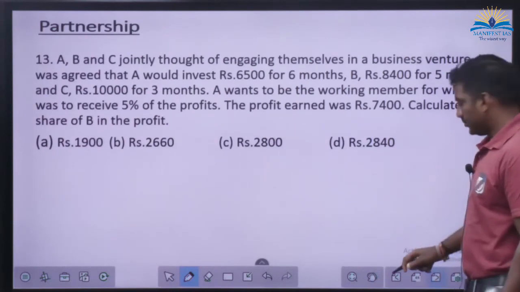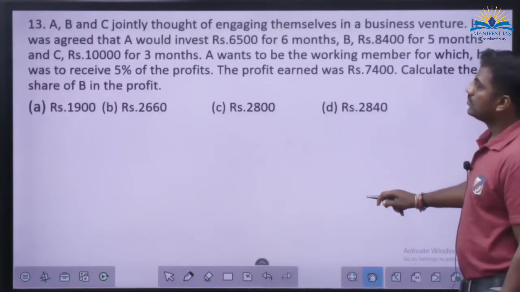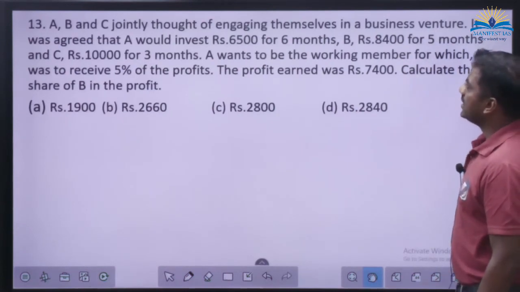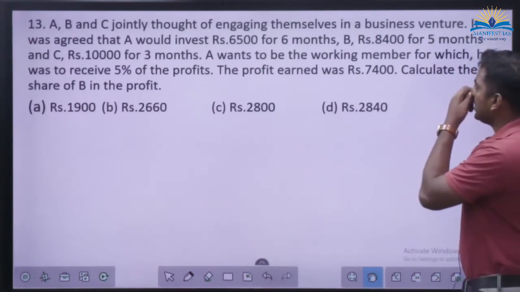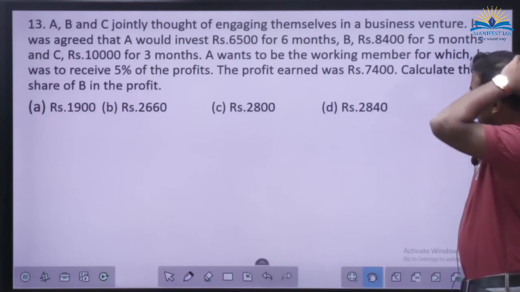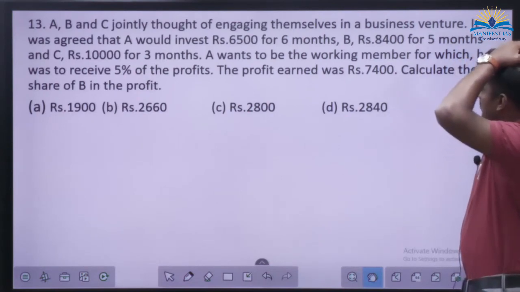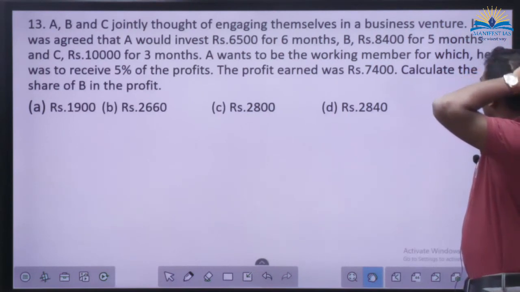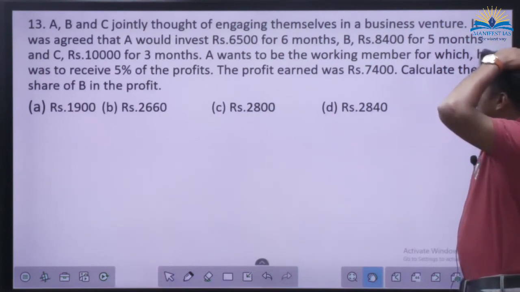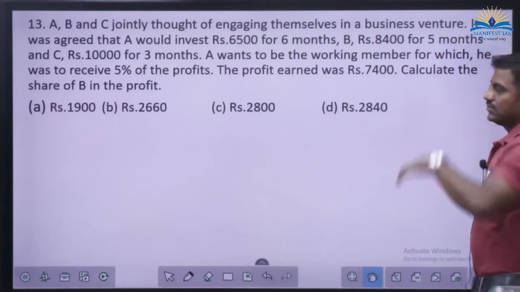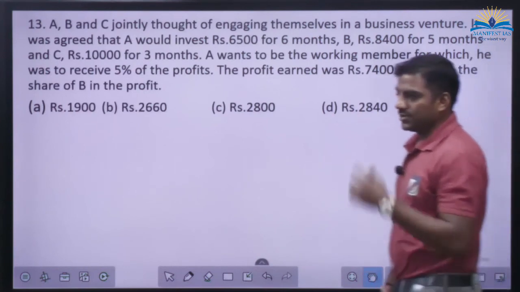Last problem. A, B, C jointly thought of engaging themselves in a business venture. It was agreed that A would invest rupees 6,500 for 6 months, B 8,400 for 5 months, and C 10,000 for 3 months. So simple, calculate their ratio first.